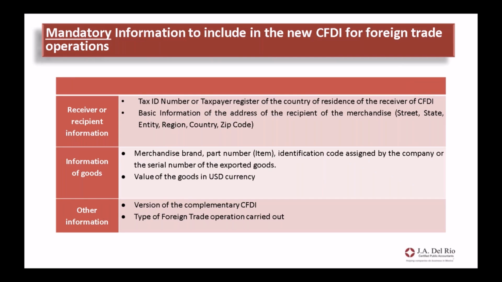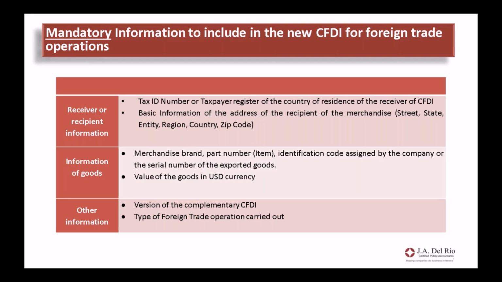The main mandatory information is divided in 3 groups. The first one, you can see, is asking us the tax ID or the tax registration number of the receiver, and the address of the recipient of the merchandise. The receiver and the recipient could be the same entity. It's very important to clarify that.